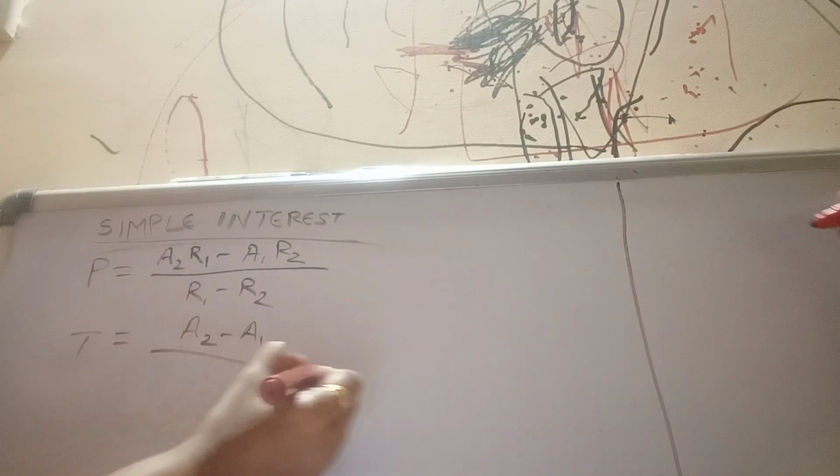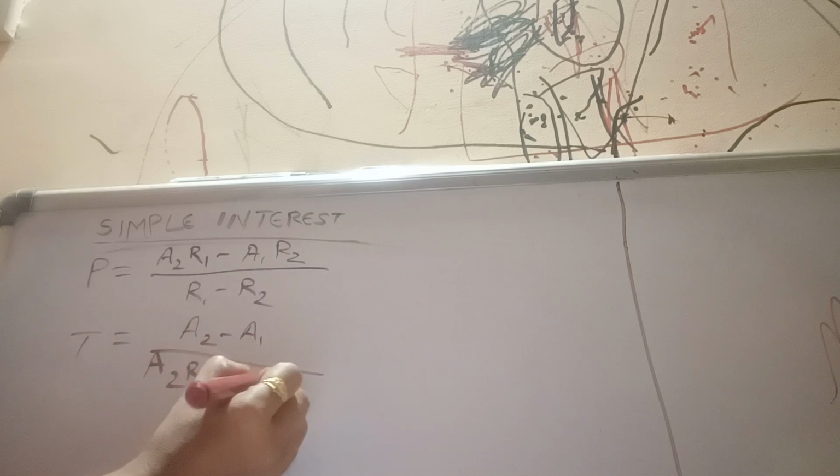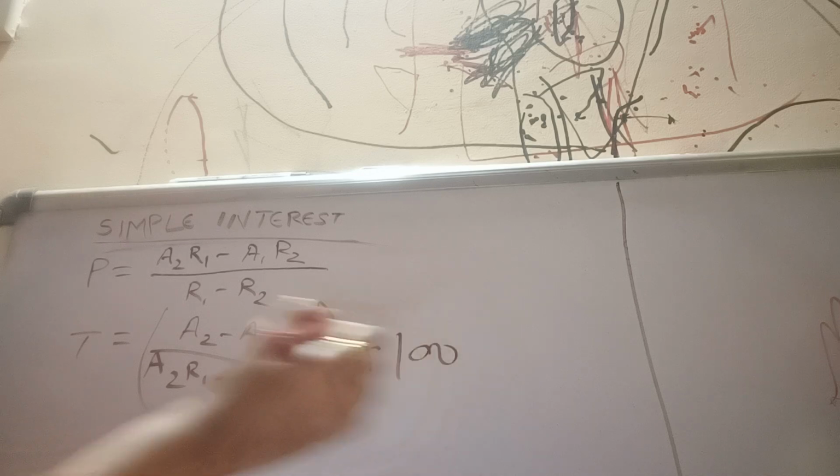divided by (A2 R1 minus A1 R2), whole into 100.